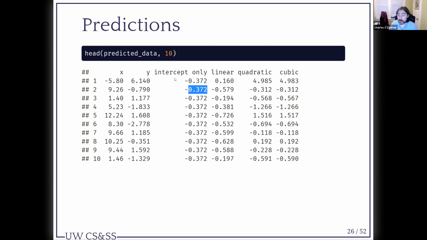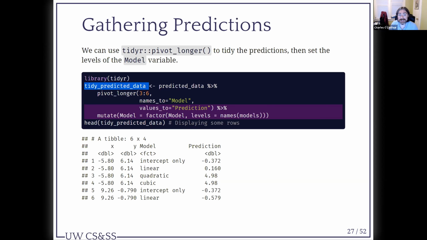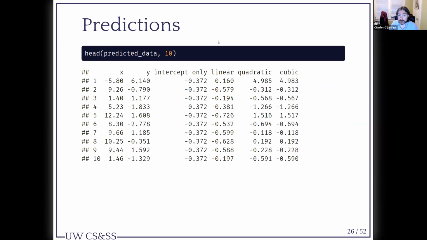To do that, I'm going to pivot some data. So let's load up the tidyr library. Let's create some tidy predicted data. I'm going to take that predicted data that has too many columns. I'm going to say I want to pivot longer columns 3 through 6, which are the predicted values, columns 3, 4, 5, and 6.